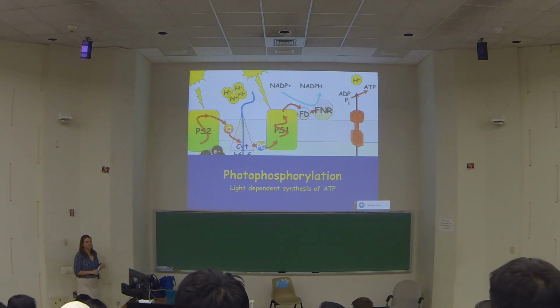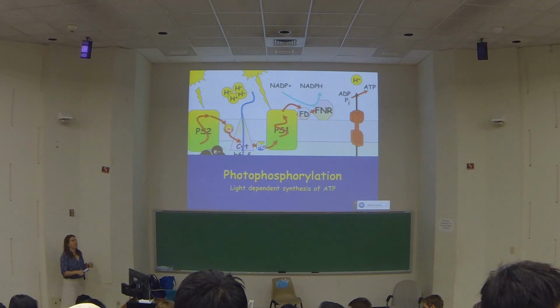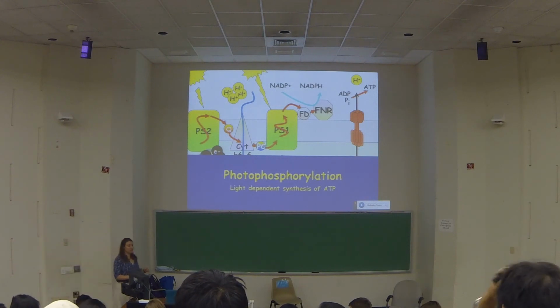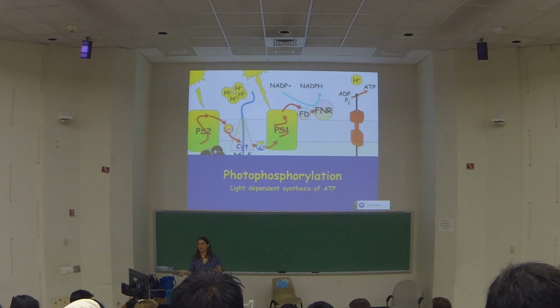Everyone settle down, we're still asking questions. So the question is about the electrons that start the electron transport chain in cellular respiration. Where do they come from? What are electron carriers?